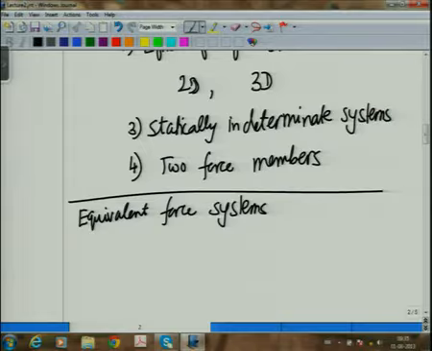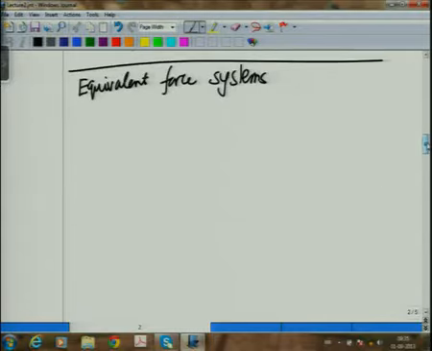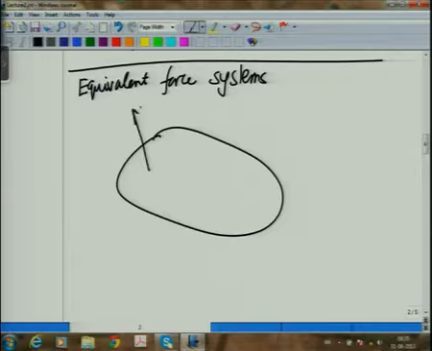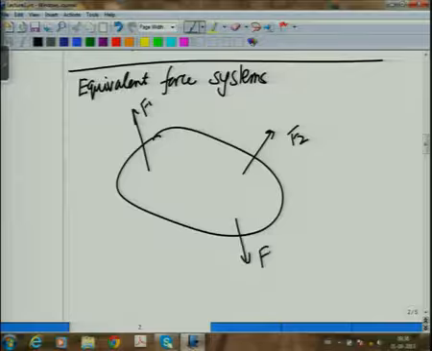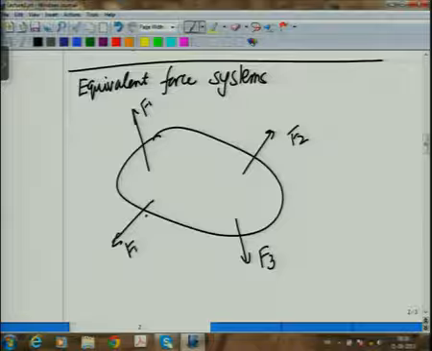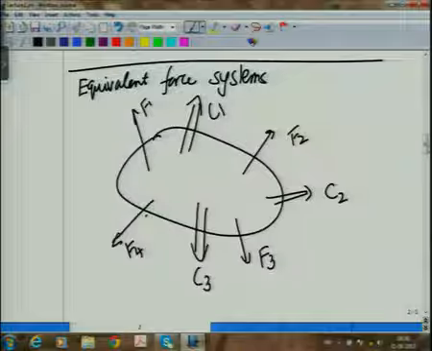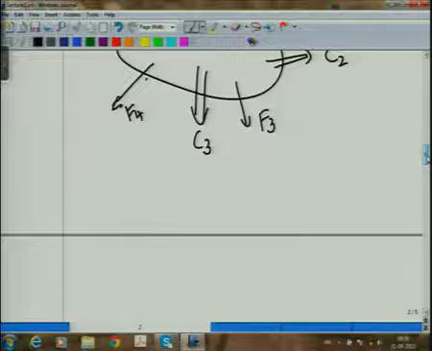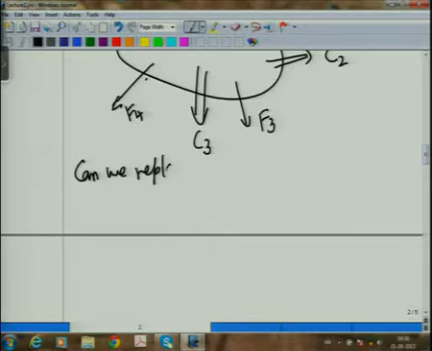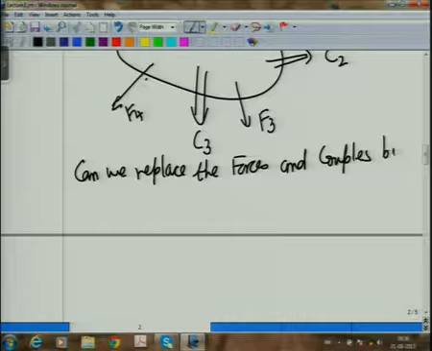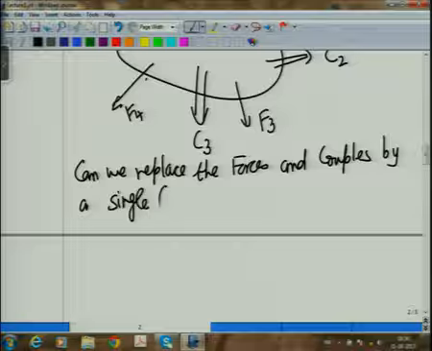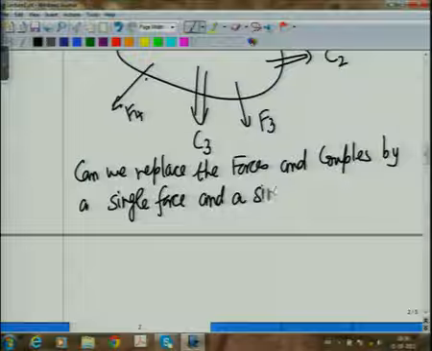I had discussed this concept in the last class, and what we said was that if we have a body on which we have some forces which are acting, some couples which are acting, then the question we pose is, can we replace the forces and couples by a single force and a single couple?